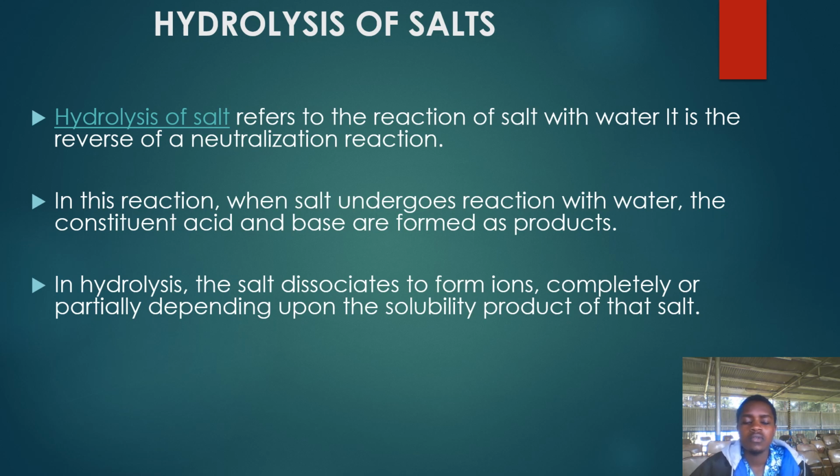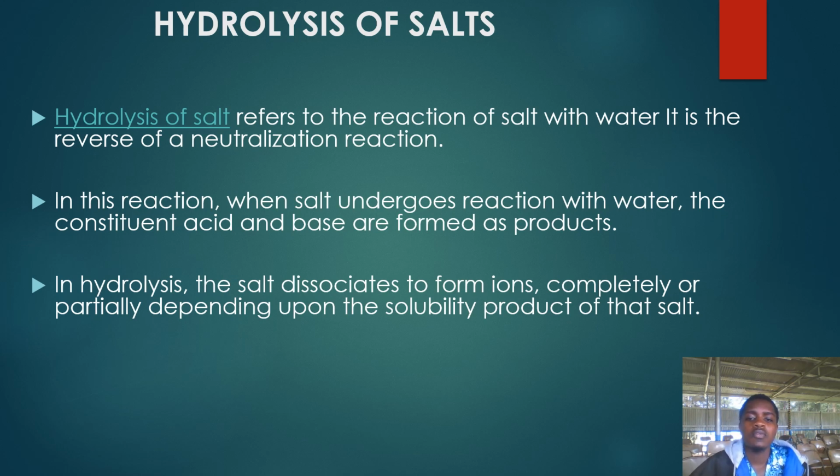A solution of sodium chloride in water has no acidic or basic properties, since neither ion is capable of hydrolyzing. Other salts that form neutral solutions include potassium nitrate and lithium bromide.